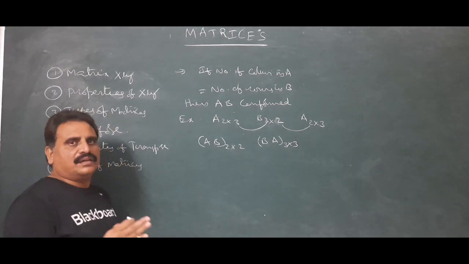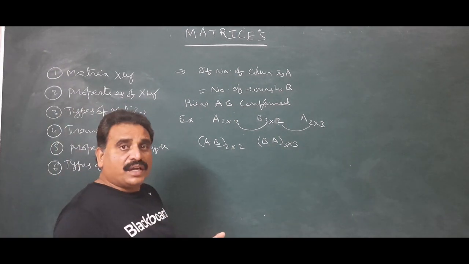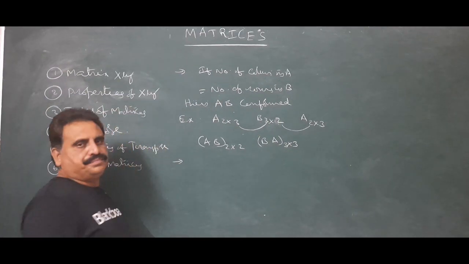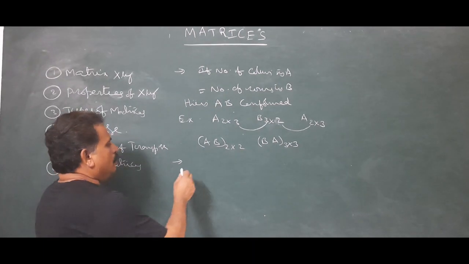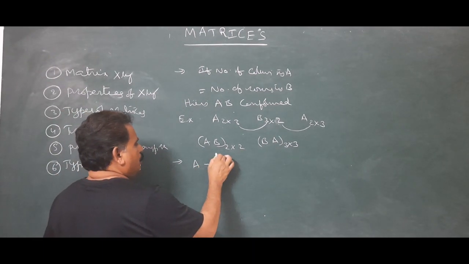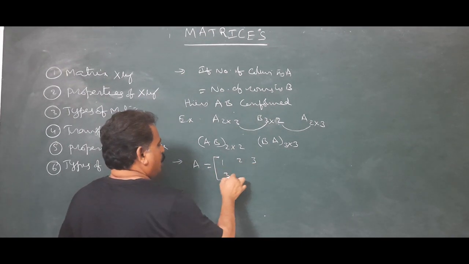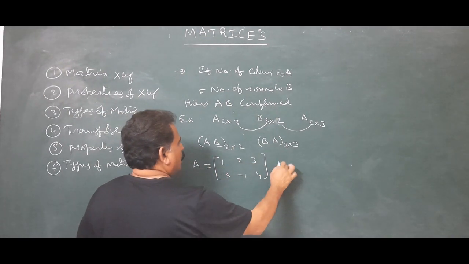So how do we find the multiplication of two matrices? Now I am going to take one example. A equals 1, 2, 3, 3, minus 1, 4, which is 2 by 3.